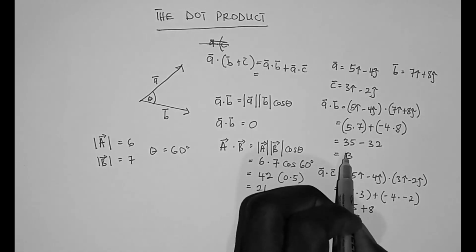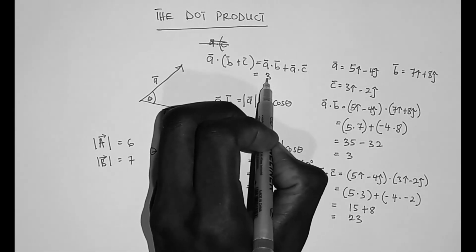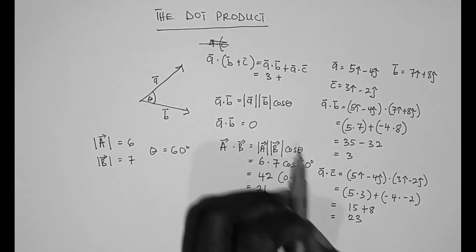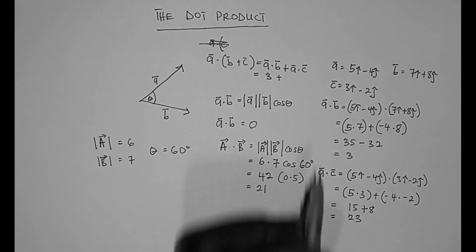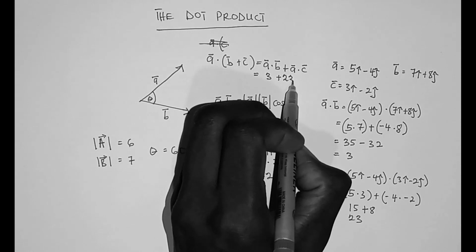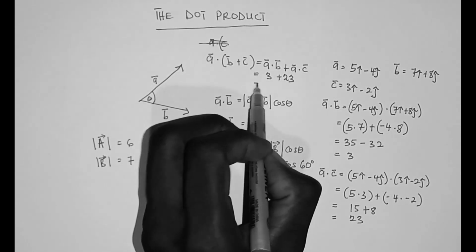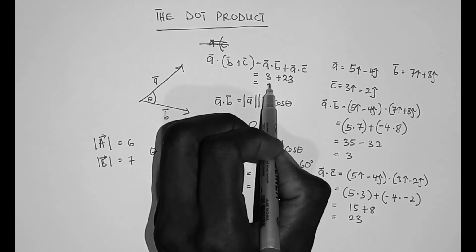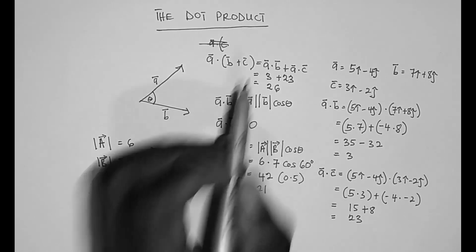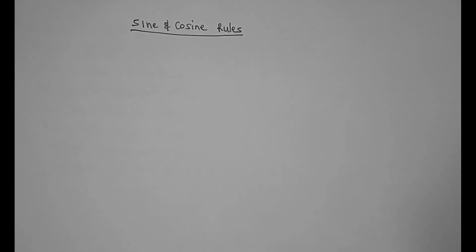A dot B is what we did. We got that as 3, plus A dot C, which we got as 23. So at the end of the day, A dot (B plus C) is 3 plus 23, which is equal to 26.